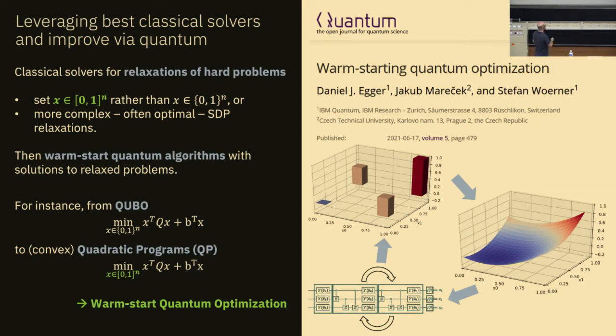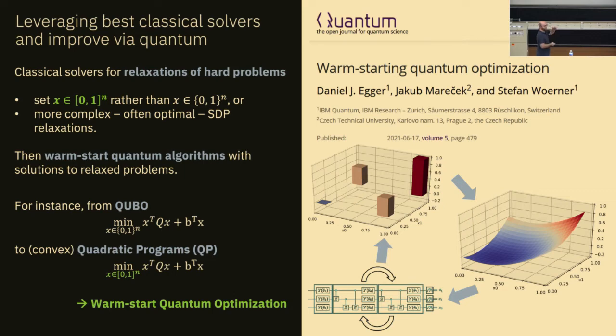And it's illustrated here. We start with our problem. We can, for example, relax it from a binary problem to a continuous problem that you can solve easily, but then you get a continuous solution. It's not a 0-1 solution anymore, but we can represent these continuous values by superposition states. So we prepare a state such that if this is 0.25, it's much closer to the 0 state than to the 1 state, for example.